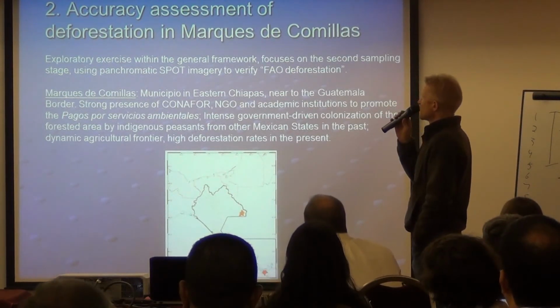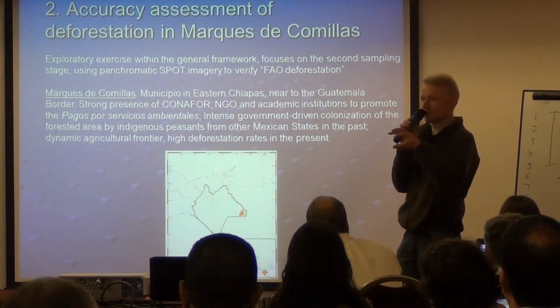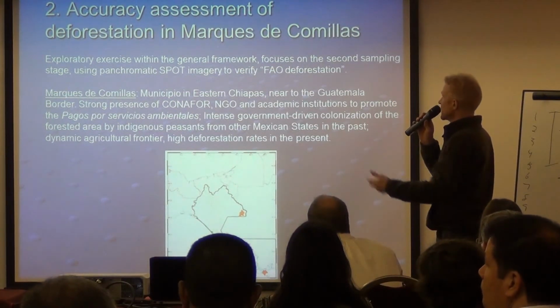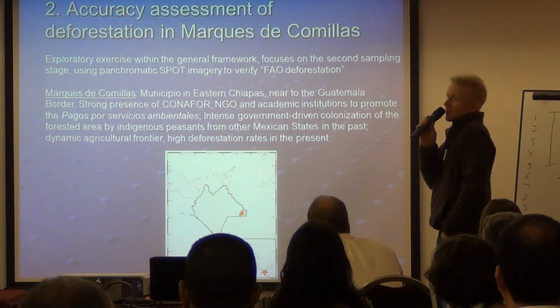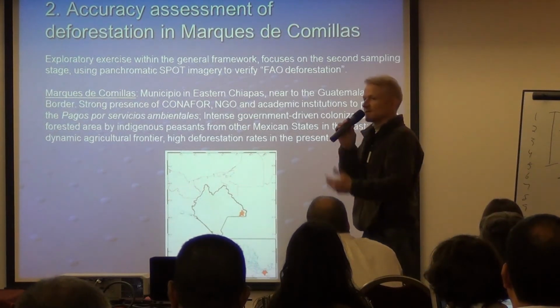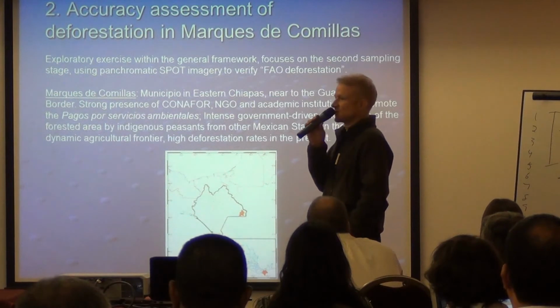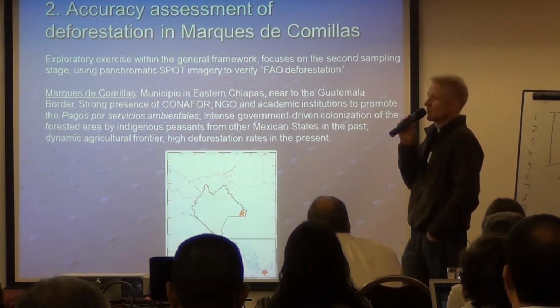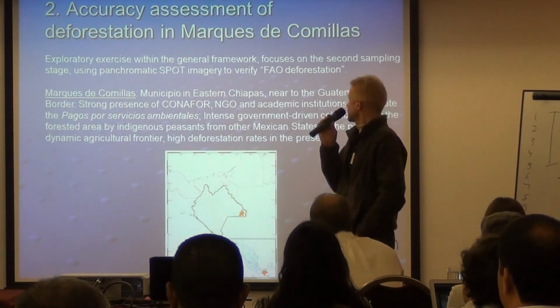This exploratory exercise focused on the second stage of the sampling design, looking at a simple accuracy assessment with one panchromatic SPOT imagery per date.